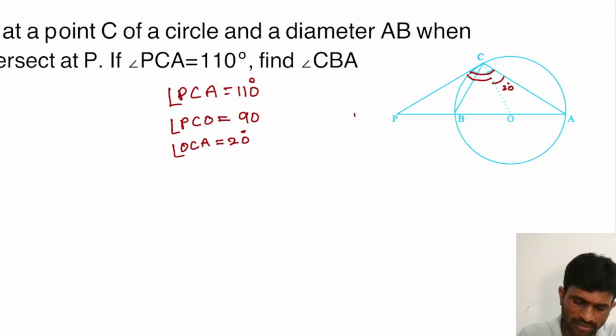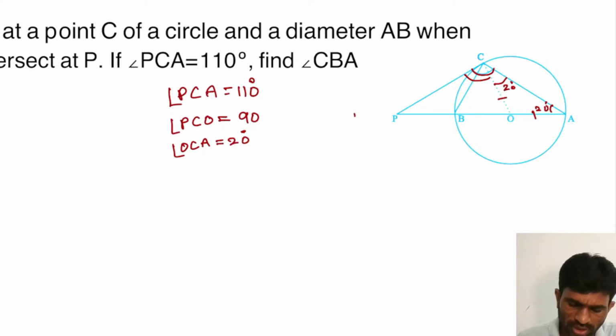We want CBA. Total is 110 and this is 90. So we got this as 20. If this is 20, this is also 20 because these two angles are equal.